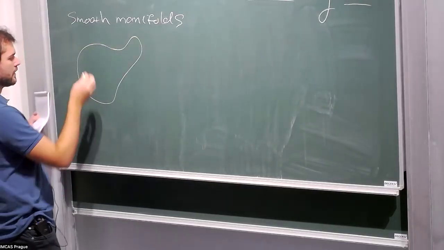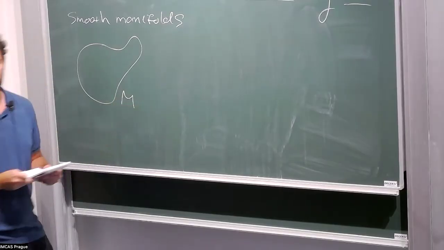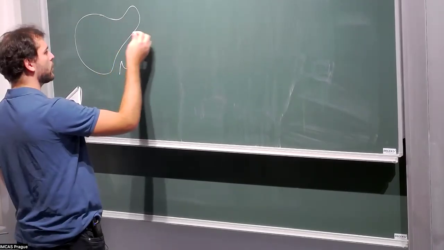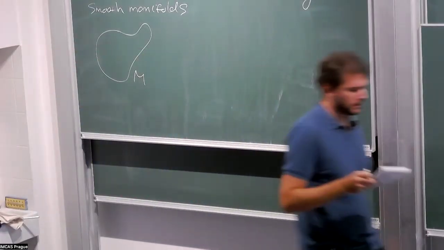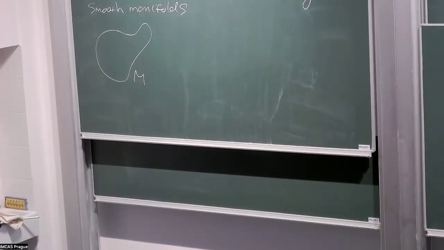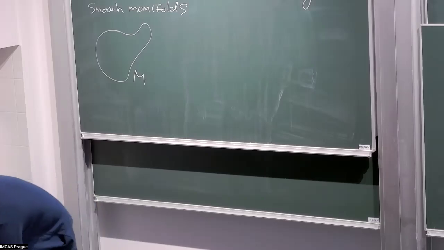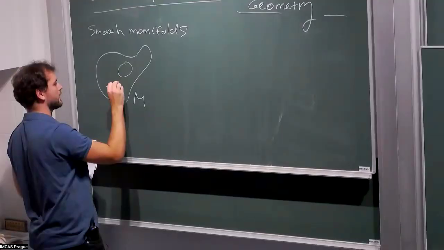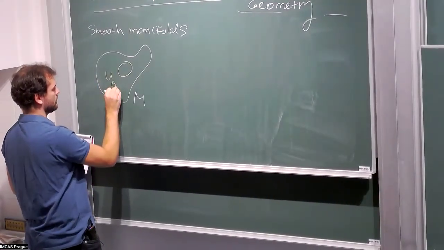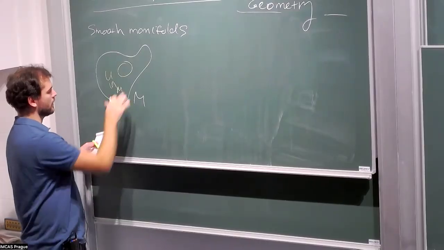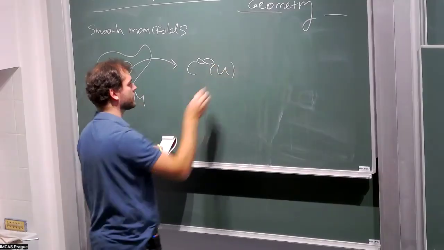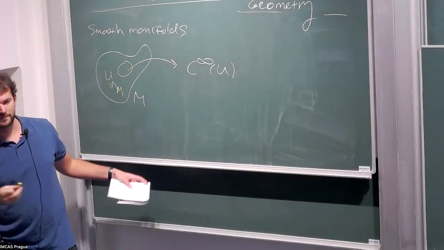You have a topological space, call it M. And on this topological space, you have a way of assigning to every open subset of M an algebra of smooth functions on this open subset.